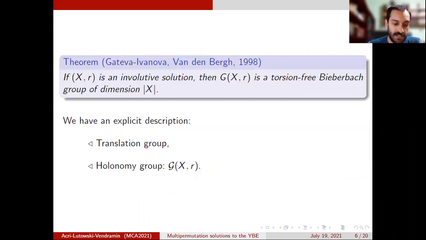Before that, we have a geometric characterization of the structure group of an involutive solution. Due to a theorem of Gateva-Ivanova and Van den Bergh, we know that the structure group of an involutive solution is a torsion-free Bieberbach group of dimension equal to the size of the set X. In our work, we have an explicit description of what is called the translation group and the holonomy group of a Bieberbach group.